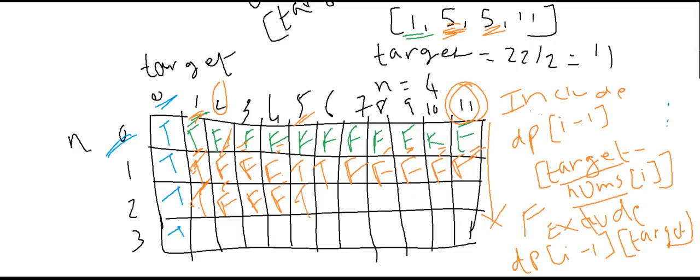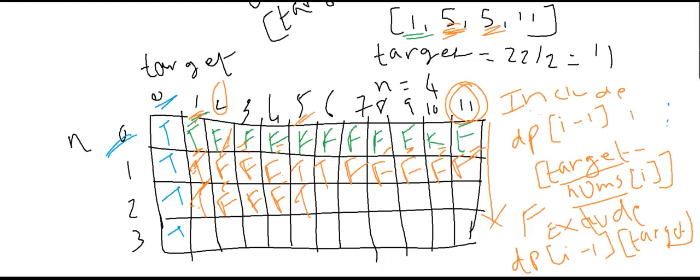6 minus 5 is 1, and dp of I minus 1, which is 1. dp of 1, 1, we need to look at this one. Because index minus 1 is 1, so this will be 1.